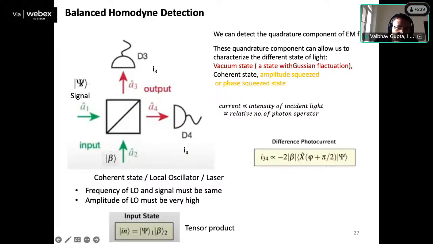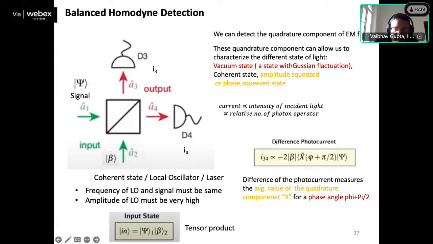So state psi, what was it? This was a signal, right? If finally we are able to measure I34, which is the difference, and we divide this by beta, then we can find out this X quadrature value. So the difference in the photocurrent gives you the average value of the quadrature component X for a phase angle phi plus pi by 2.